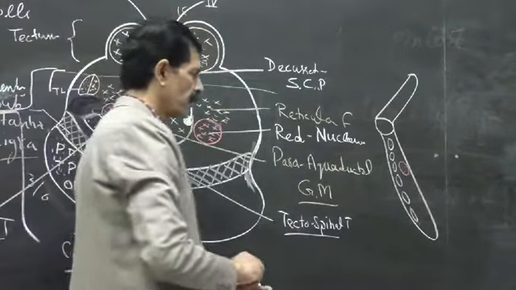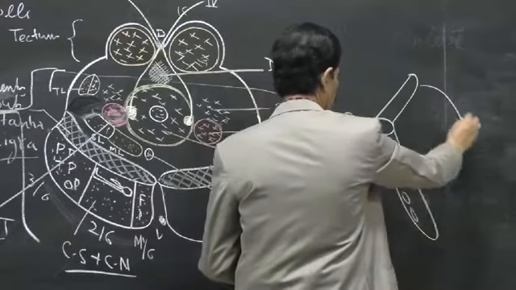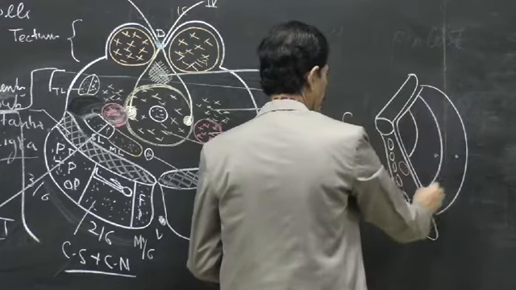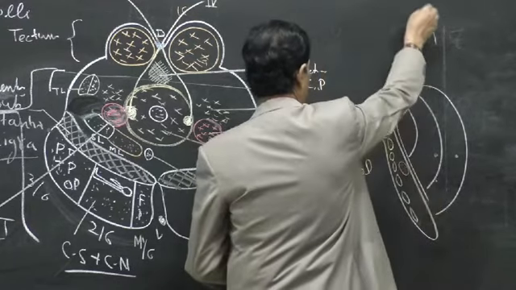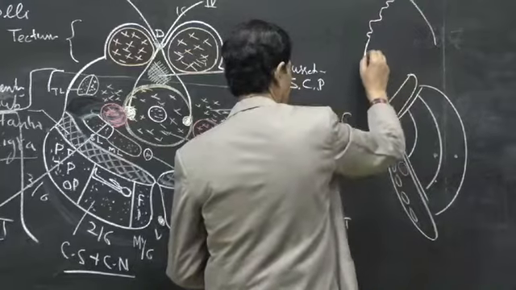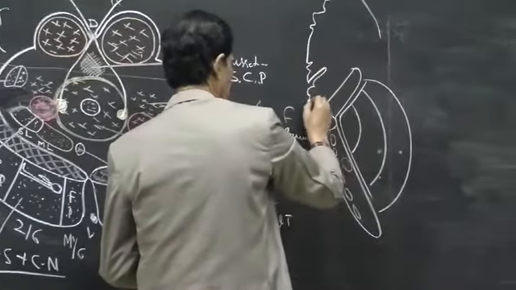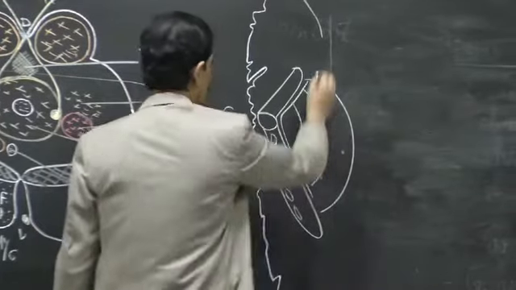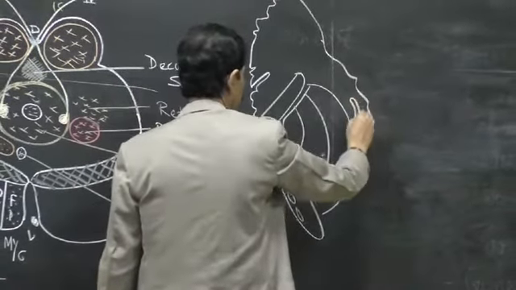If you remember the diagram of the internal capsule, with the lentiform nucleus lying laterally, with the globus pallidus and putamen, and this is the anterior part, a horizontal section of the cerebrum at the level of the insular cortex.